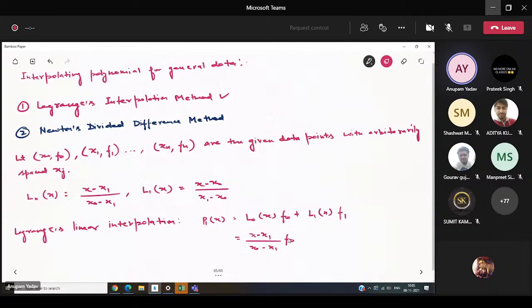F naught is the value of f at x naught, plus L1, that is x minus x naught divided by x1 minus x naught into f1. So everything is known here. We can put the values of x naught, x1, f1 and f naught. It will give you a polynomial of degree 1.